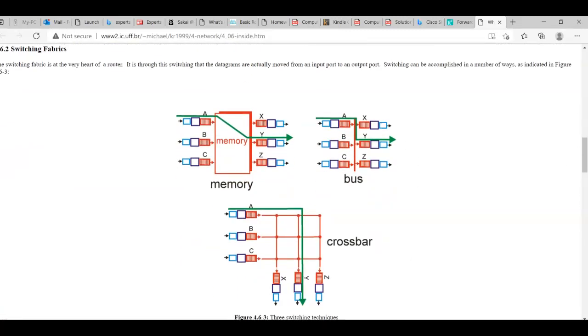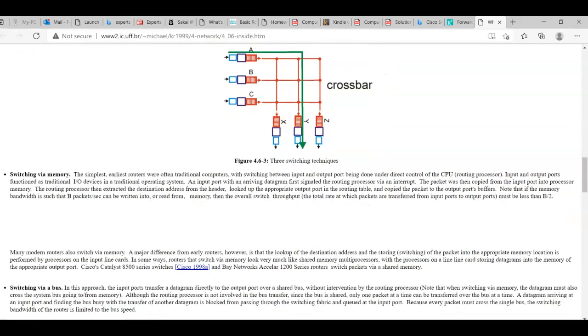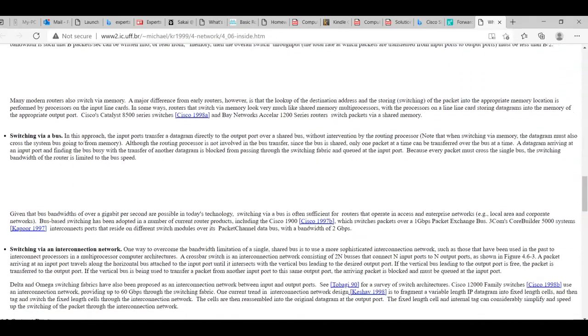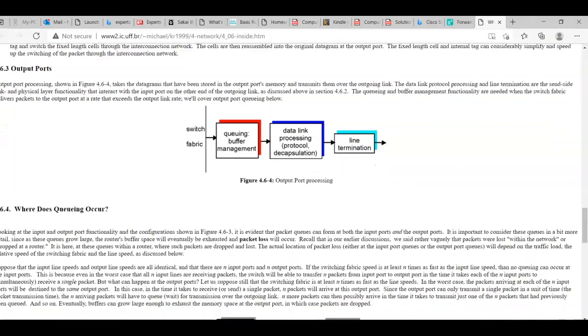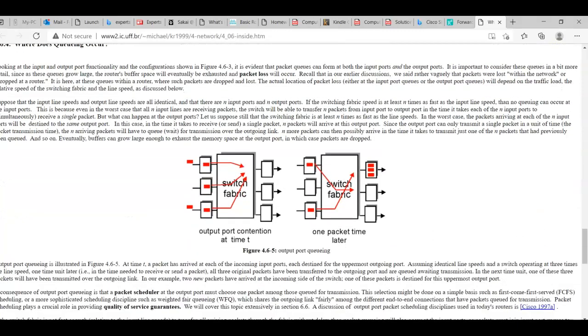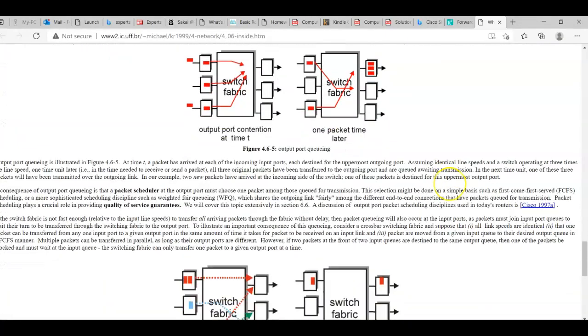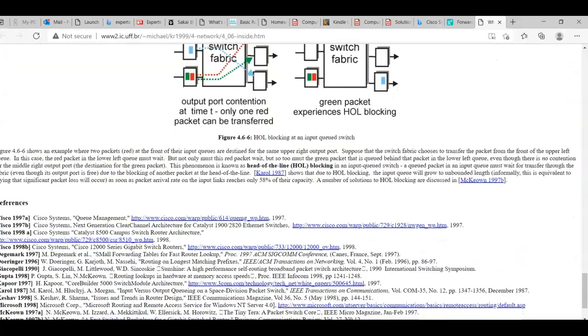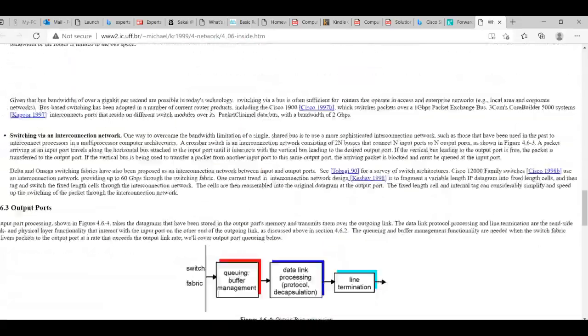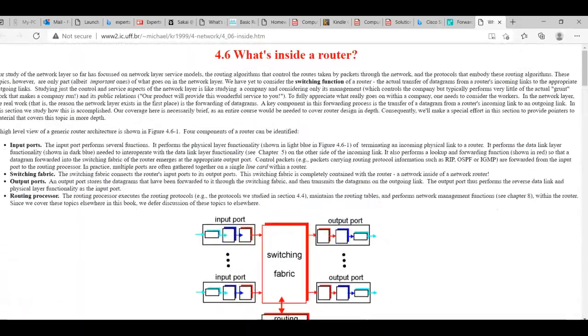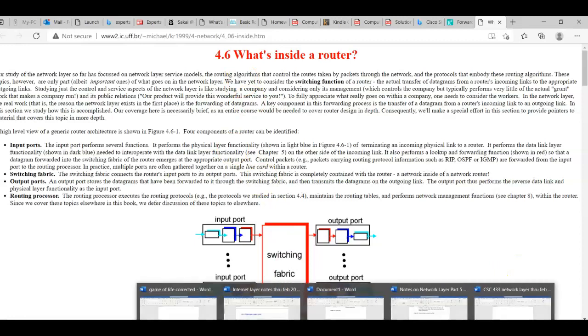There's the bus, the crossbar, and the straight through lines that I was talking about, where the output line figures out which ones are for it. And there's more here, showing the idea of queuing. I think this would be interesting for you to look over. I don't feel like reinventing the wheel. It's already there, so why not just use it?